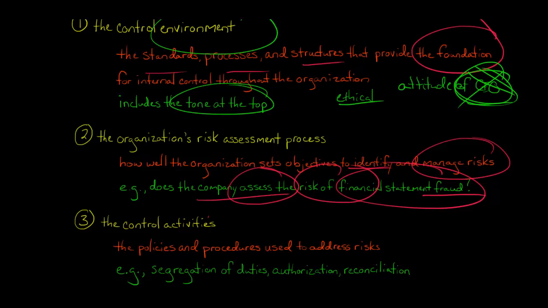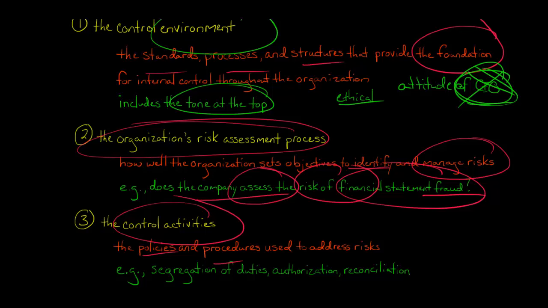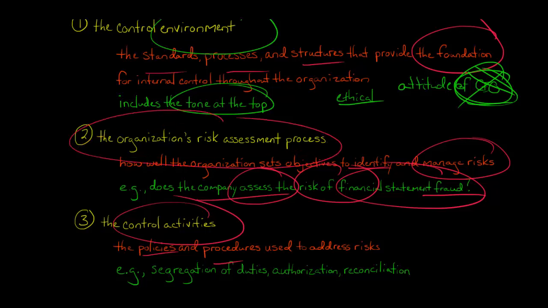Now, when we look at the controls themselves, these are just policies and procedures that are put in place to address the risks that we've identified here. Okay, so in step 2, we're saying, what are the risks of financial statement fraud and other issues? And then once the organization has identified those risks, hopefully they're going to implement some internal controls to try and address those risks. We'll talk about this in other videos, but some examples are segregation of duties, authorization of transactions.